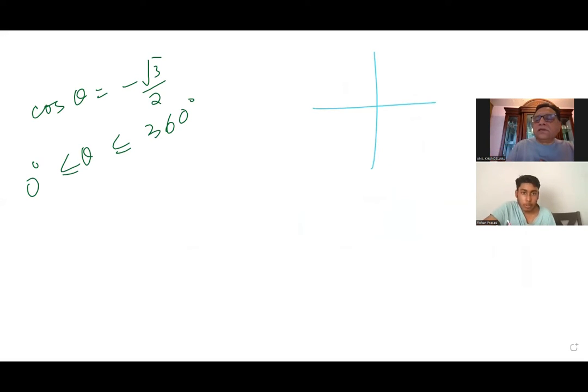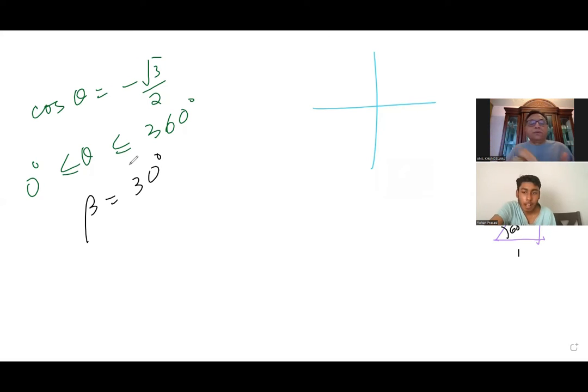To make things simple, I'm using one special triangle. Can you tell me the answer? If cos theta is square root 3 over 2, it would be 30 degrees. Correct. But it is negative, so the related acute angle is 30 degrees.